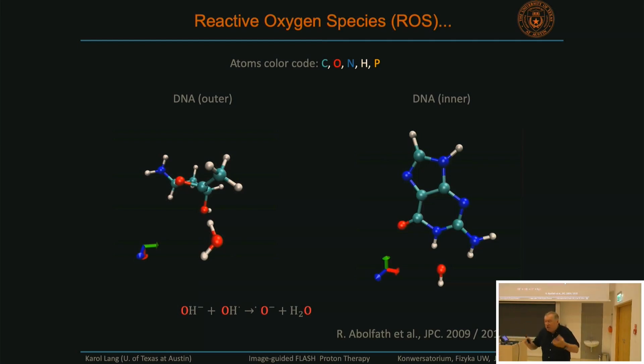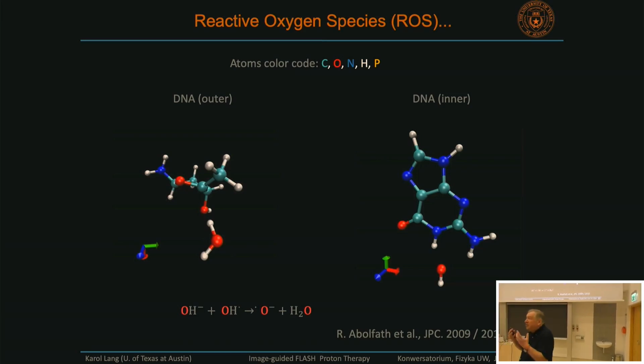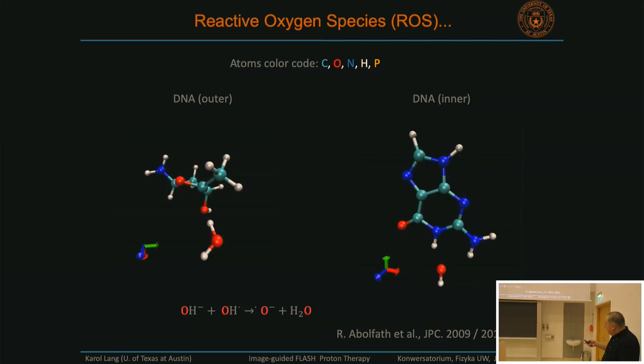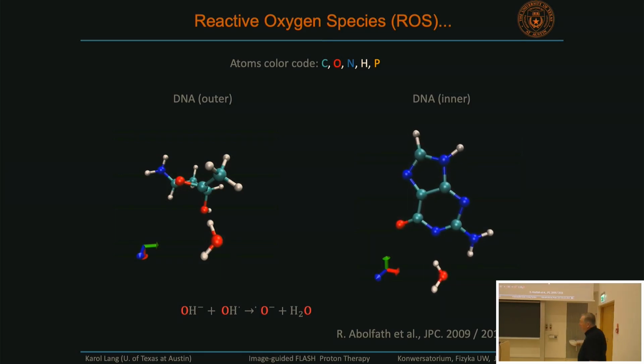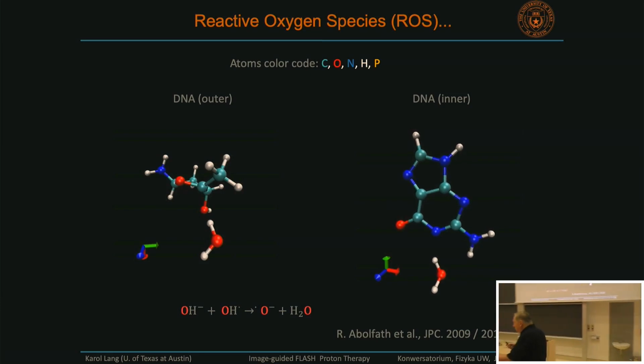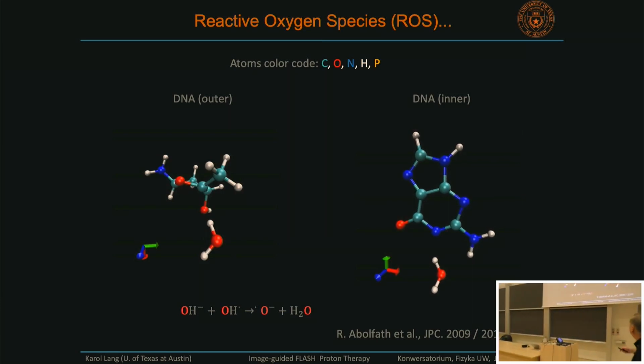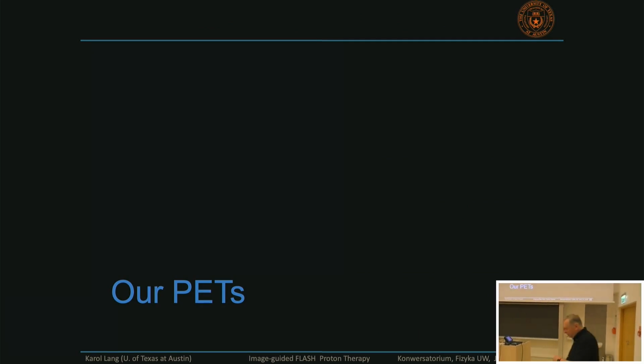OH, or in general, oxygen radicals, are extremely important, extremely reactive, and they are at the core of the problem related to the deposition of energy. Okay. So again, you saw that this OH group sucked out a hydrogen. And there's more of this happening, and I'll come back to this a little bit later. So this was the introduction.